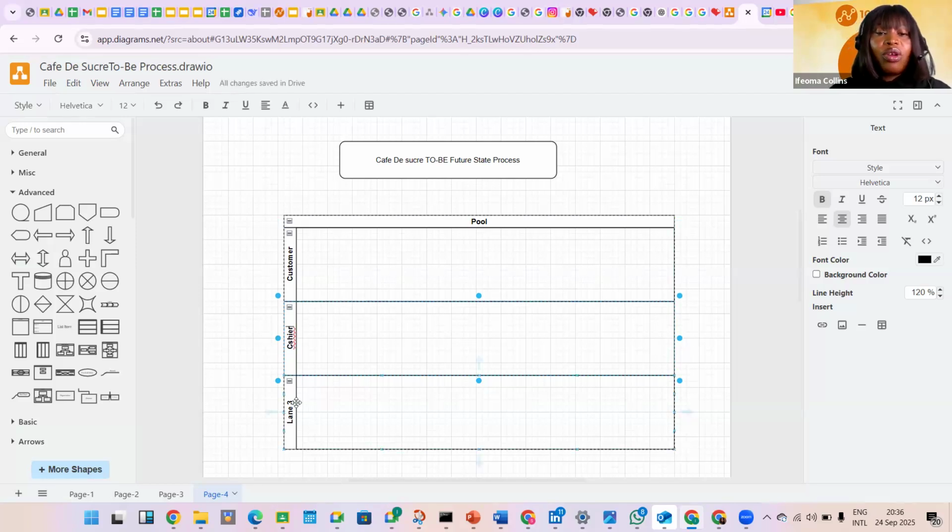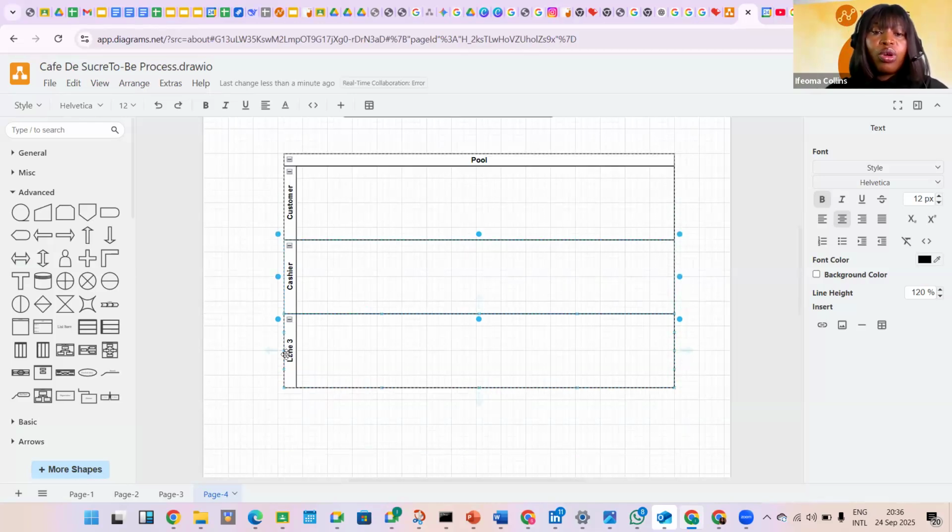So remember they were collecting payments manually. So as a business analyst, you've engaged stakeholders and they've told you that for them to come back and continue patronizing Café de Sucre, they want to have an automation in place, right? So we also have this line for POS terminal, okay?